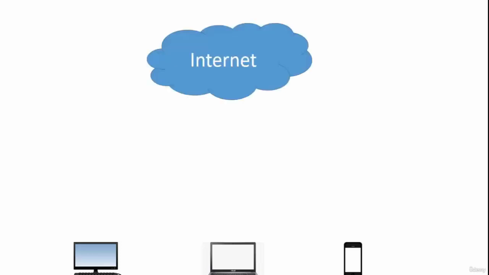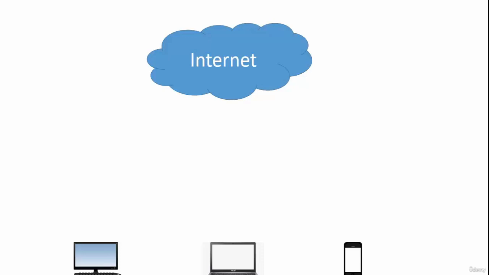Suppose we have three clients. Client 1 is your computer system, client 2 is your laptop, and client 3 is your smartphone. Now we connect all of these three clients in order to share any data or resources. Suppose our resource is the internet, but these three cannot access the internet directly.